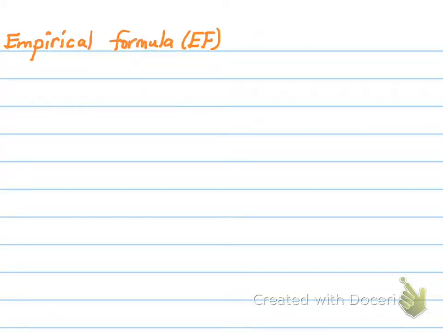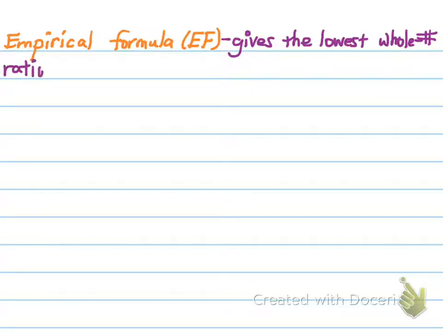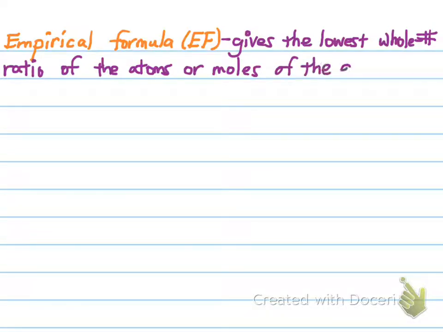So our definition of an empirical formula is that an empirical formula gives the lowest whole number ratio of the atoms or moles of the atoms in a compound.